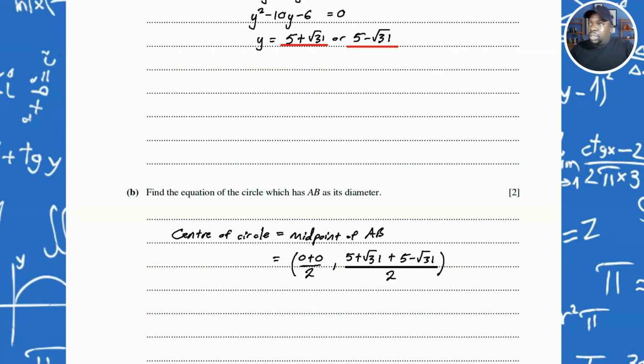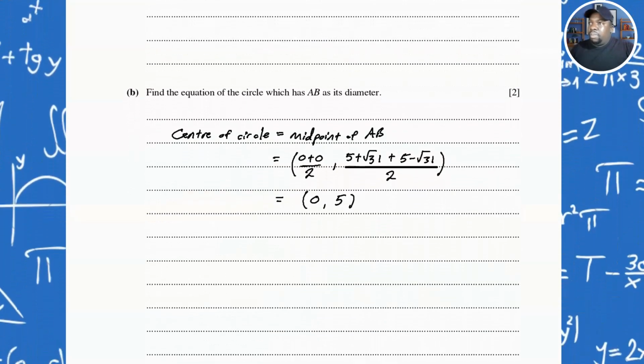This will give us the coordinates of the center of the circle. So here's 0, and 5 plus 5 is 10. 10 over 2 is 5. Root 31 minus root 31 is 0. 0 over 2 is 0. So the center of the circle is 0, 5.